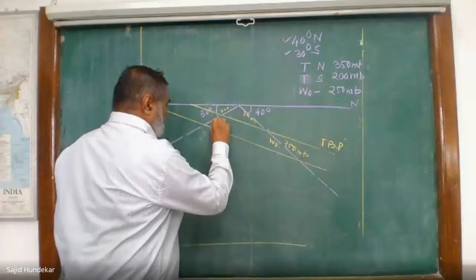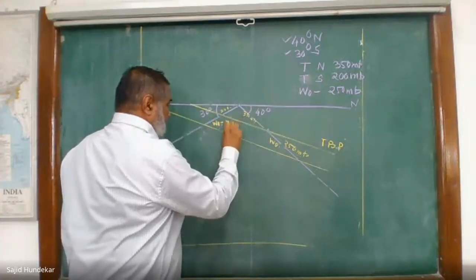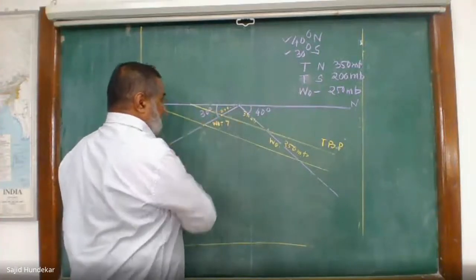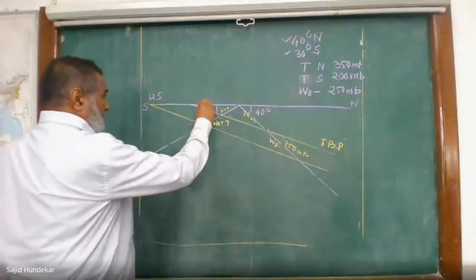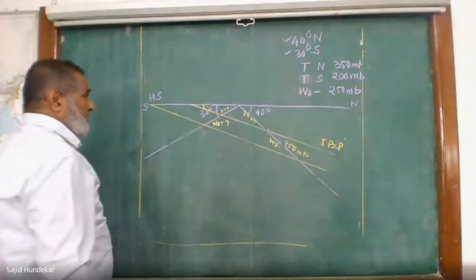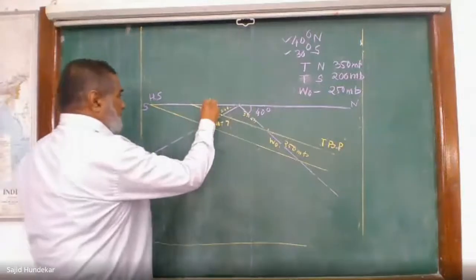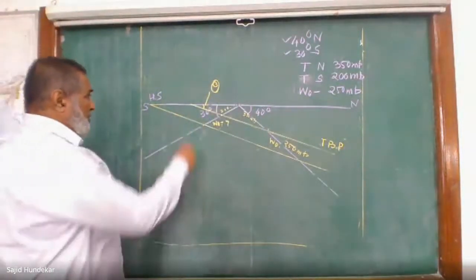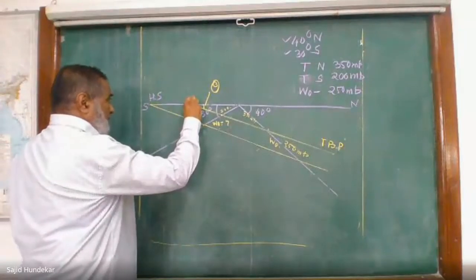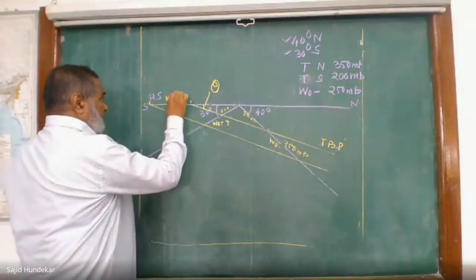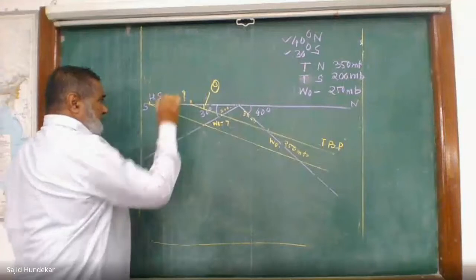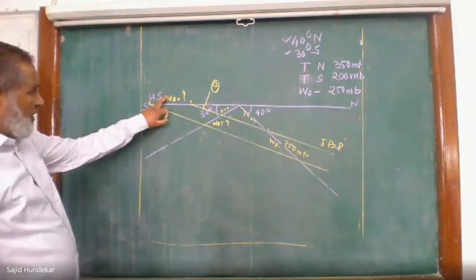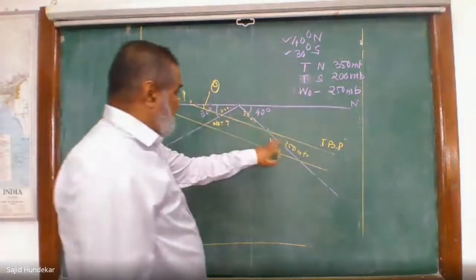Then we have to find out this angle, theta. The third point, the width of outcrop on the horizontal surface, we have to find out.